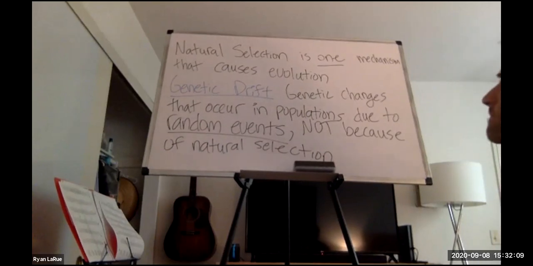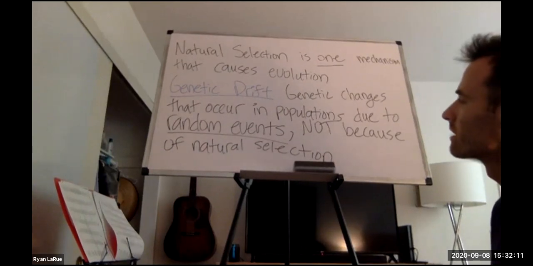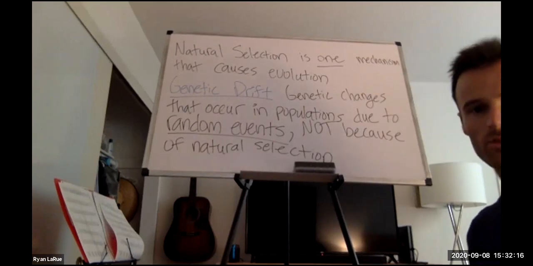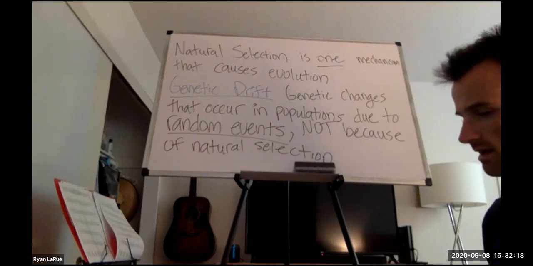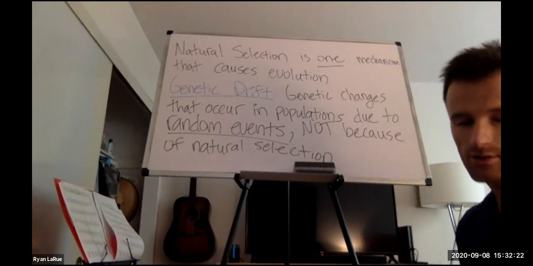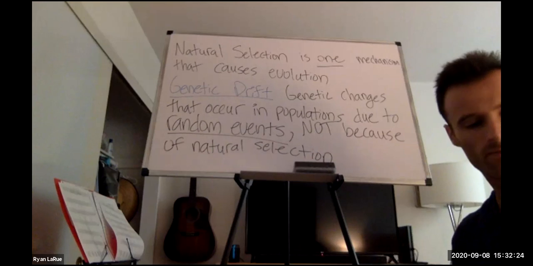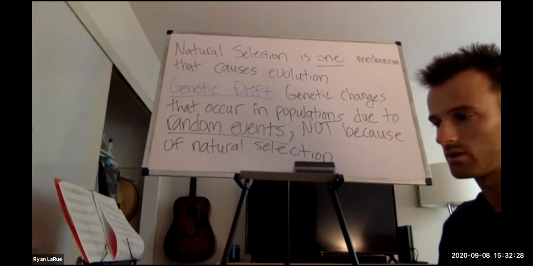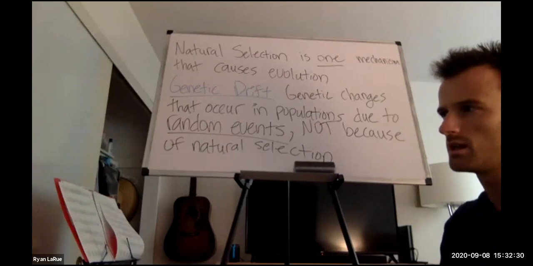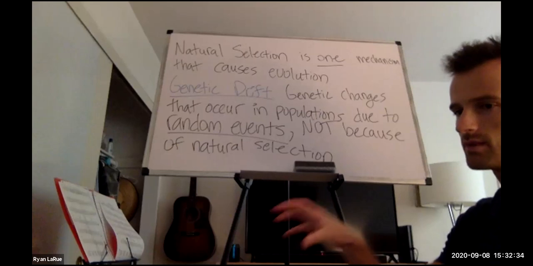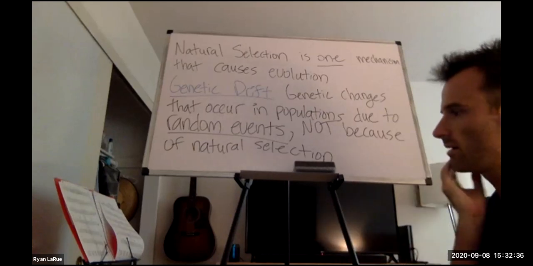Okay. So genetic drift is random. It's random change that occurs. So natural selection, in contrast, was very purposeful.